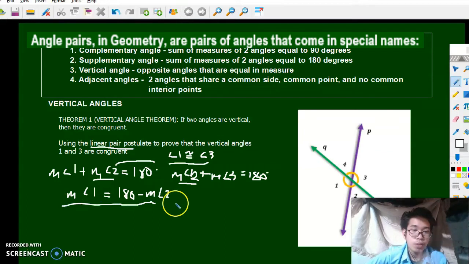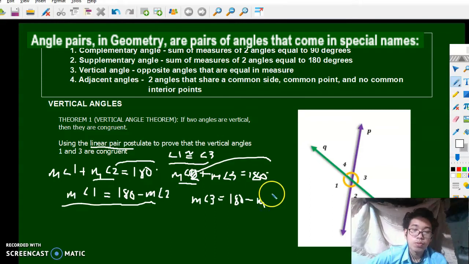How about the measurement of angle 3? We have the measurement of angle 3, and we also have an angle 2 here. When you transfer the measurement of angle 2 to the other side, the measurement of angle 3 is equal to 180 degrees minus the measurement of angle 2.